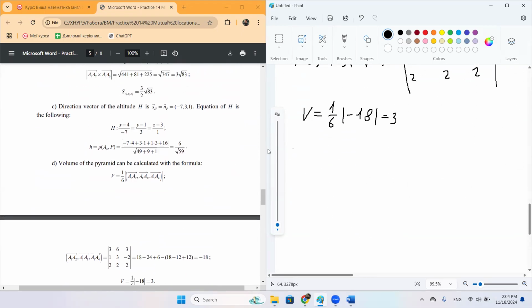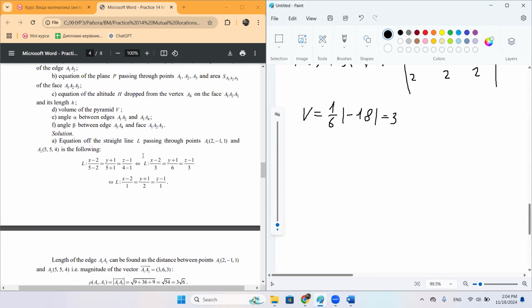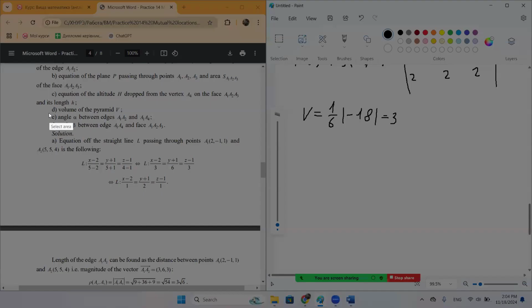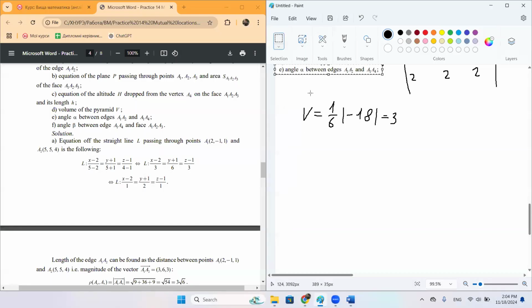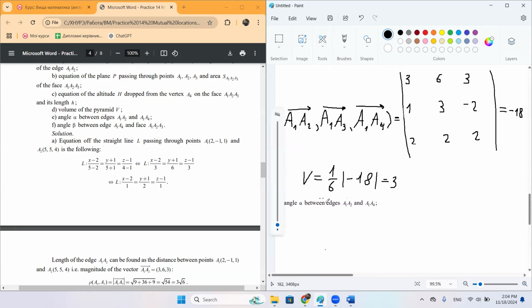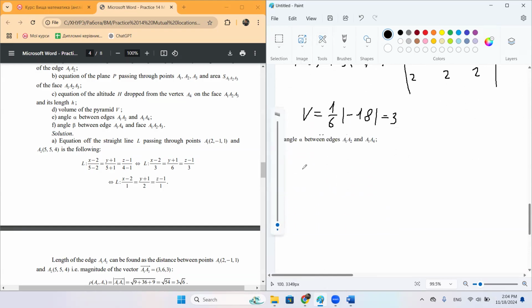Now we need to find the angle alpha between edges A1A2 and A1A4. That is the scalar product divided by the product of magnitudes.